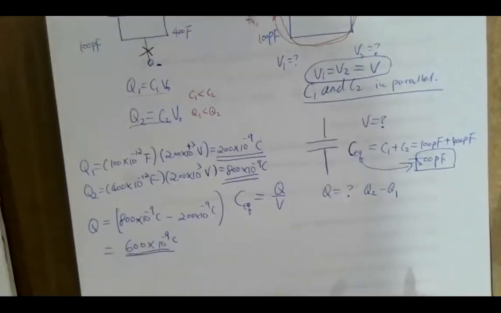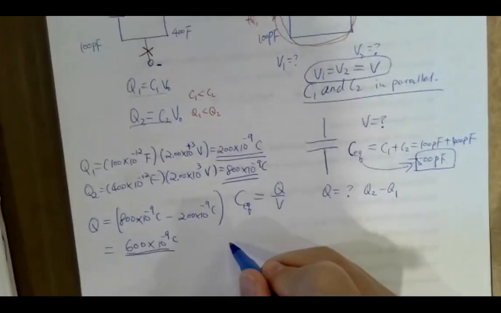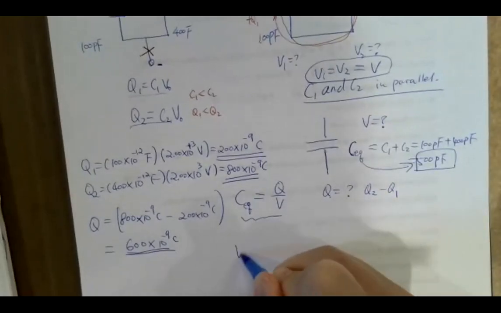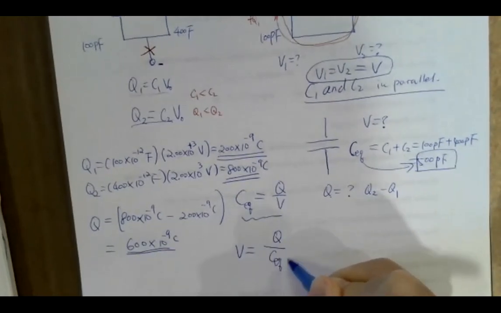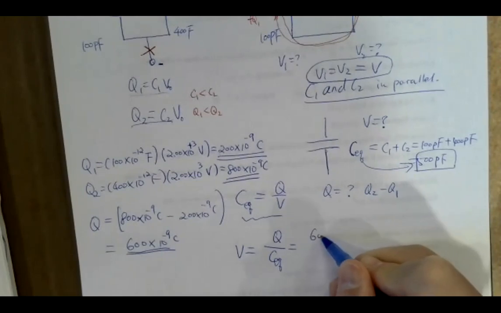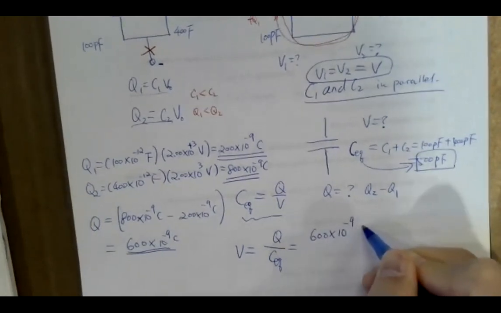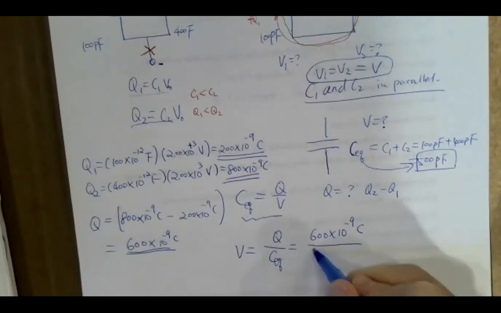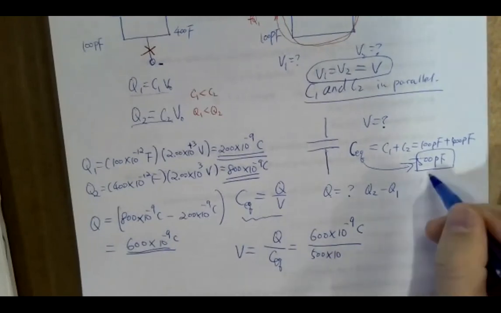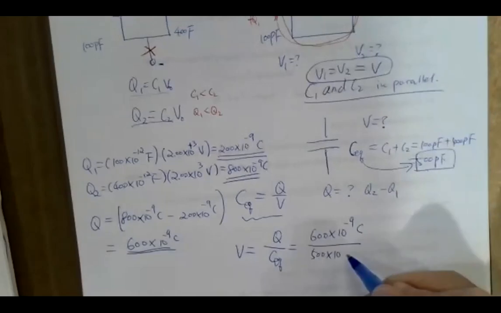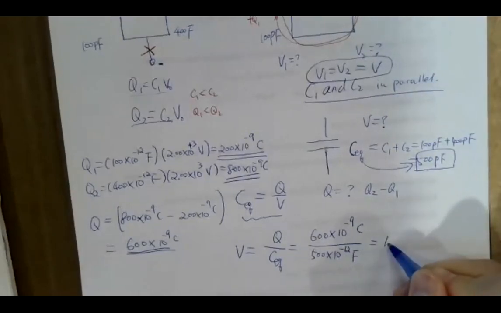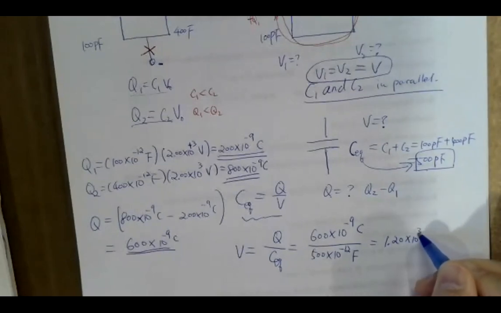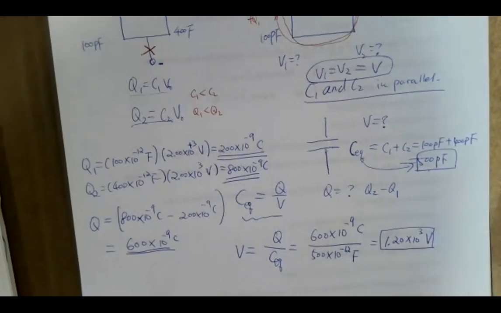All right. And then after that, according to this, V should be equal to Q divided by C equivalent. So Q is 600 times 10 to the minus 9 coulomb over CEQ, 500 times 10 to the minus 12 farad, which gives you 1.2 times 10 to the third volts.